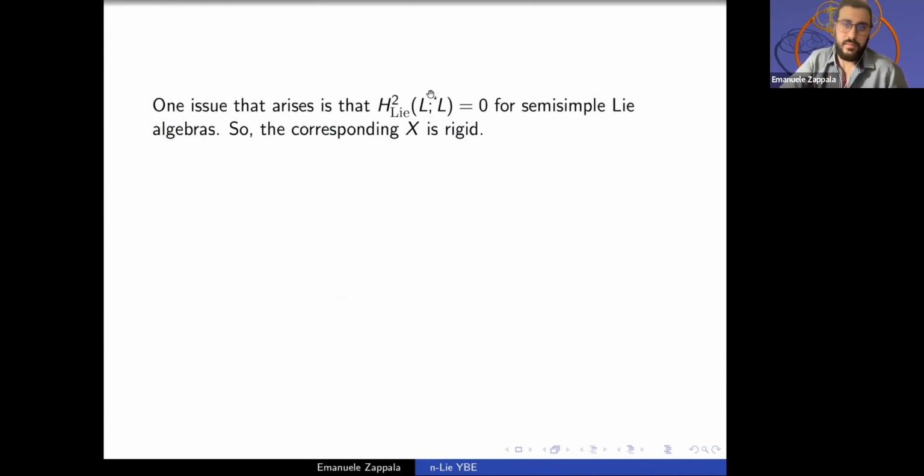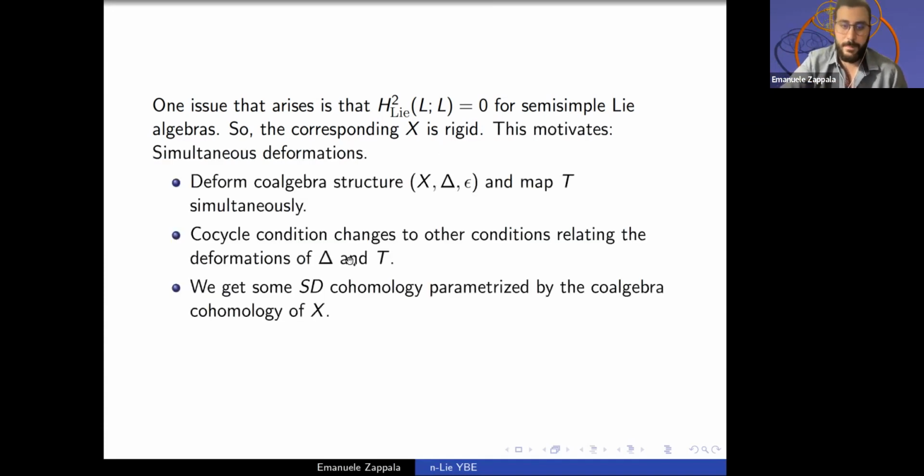It also gives you bad news to some extent, because semi-simple Lie algebras have trivial cohomology. So this is not true, for instance, for nilpotent and solvable. They have plenty of cohomology classes that are non-trivial, but an important class of Lie algebras, which is the semi-simple one, will have trivial cohomology, and therefore the self-distributive cohomology will be trivial as well.